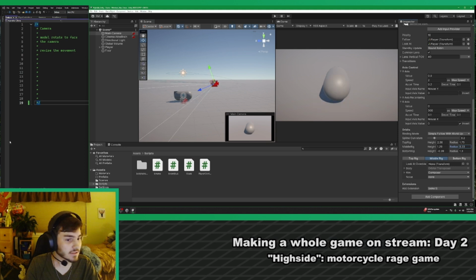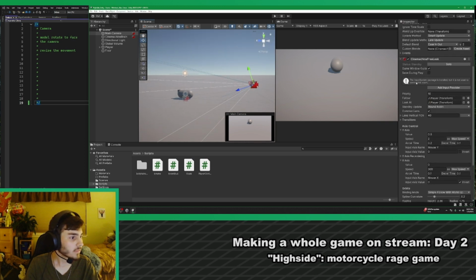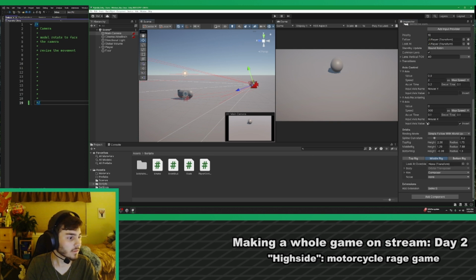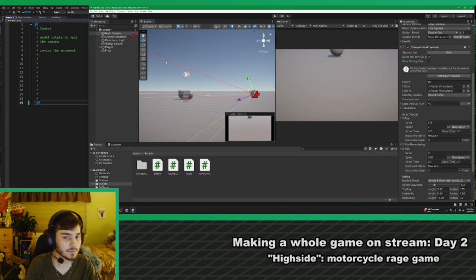First up, radius needs to be higher. It's always a pain trying to get, but the angle isn't refreshing on the look at.